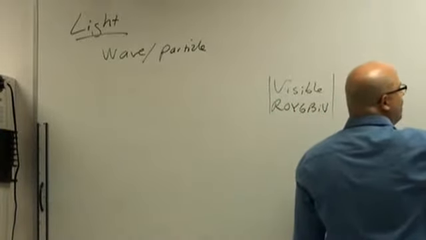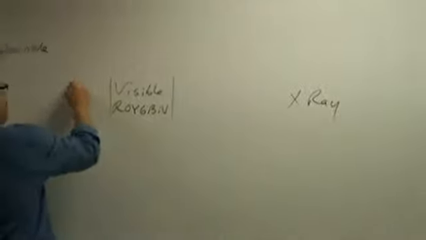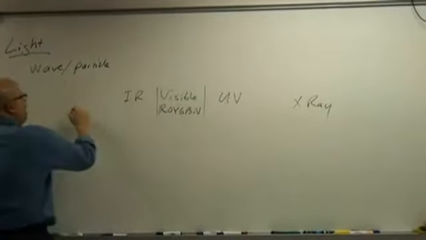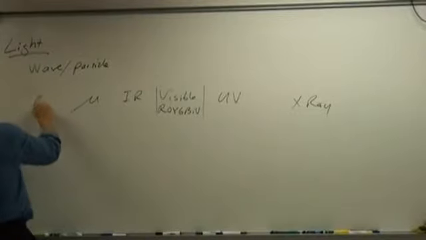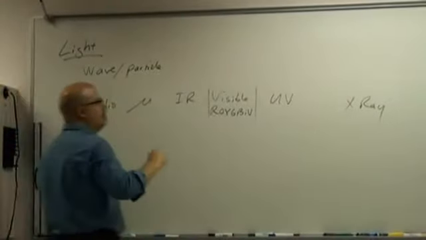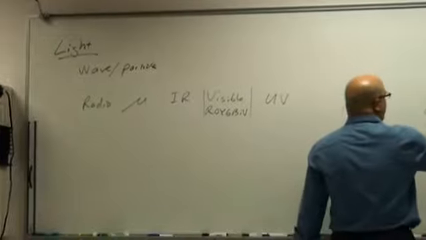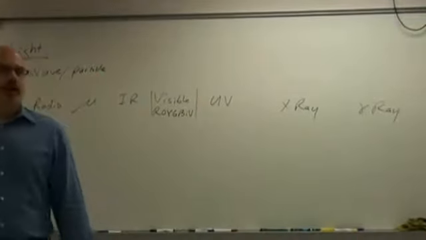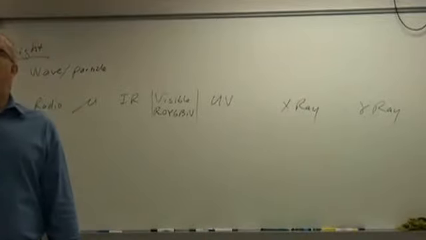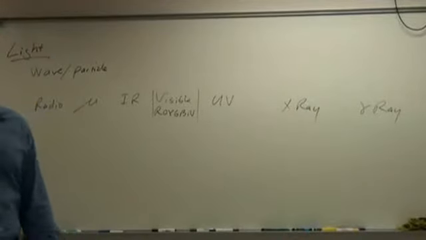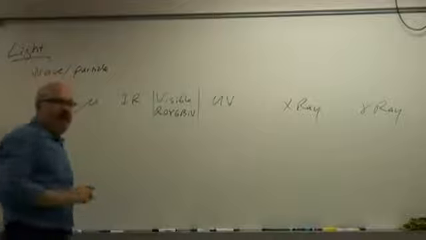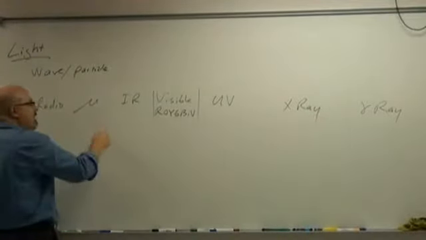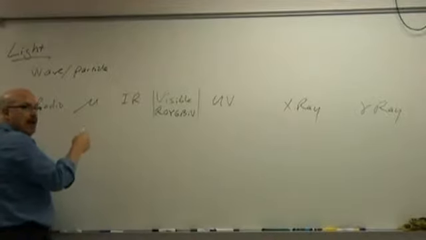X-rays, ultraviolet, gamma rays, infrared, microwaves, radio. That's our entire spectrum. There is no difference between any of these. They're all the same electromagnetic wave, with the exception that they have a different frequency and wavelength.